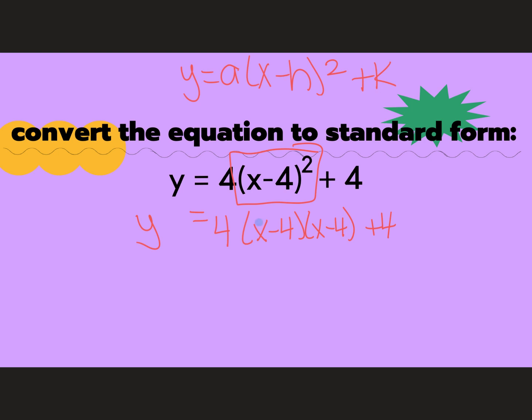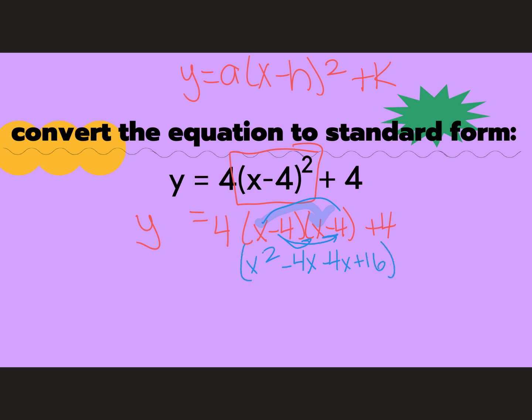Okay? So here I have my x times x, which is x squared. Okay, my x times negative 4, and then I'm going to go to the inside. And last but not least, negative 4 times negative 4, positive 16.